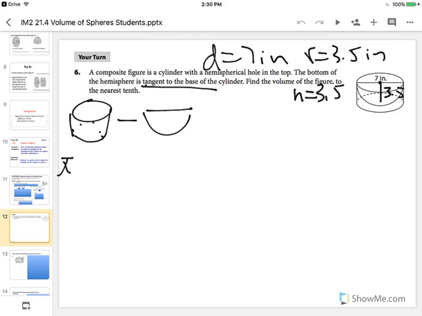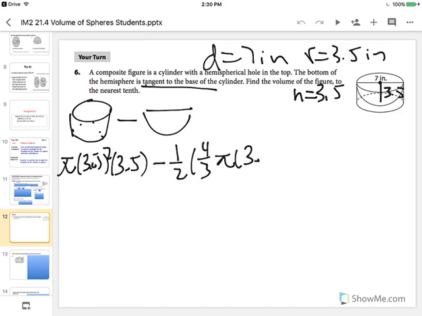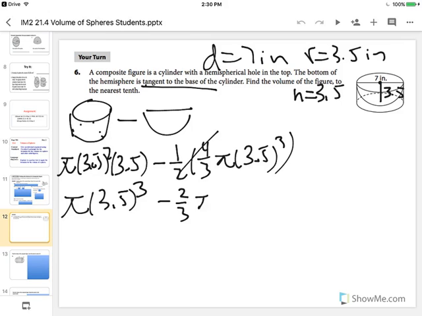The cylinder is pi times 3.5 squared times the height, in this case also 3.5, minus 1/2 of 4 over 3 pi times 3.5 raised to the third power. So when you look at this, this is 3.5 raised to the third power minus 2/3 pi times 3.5 raised to the third power. They have the same exponent, so we can subtract those.